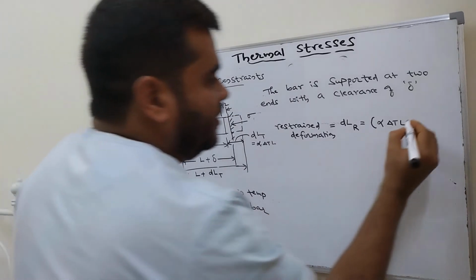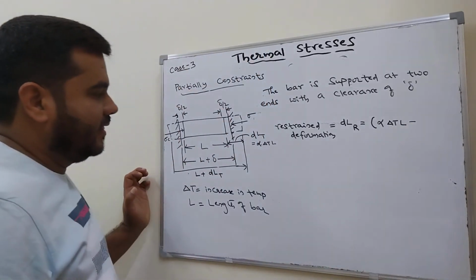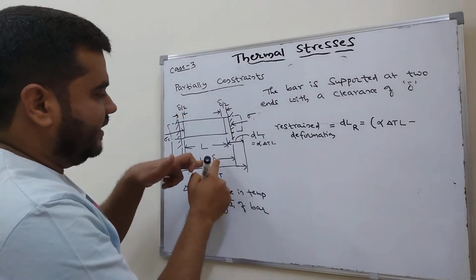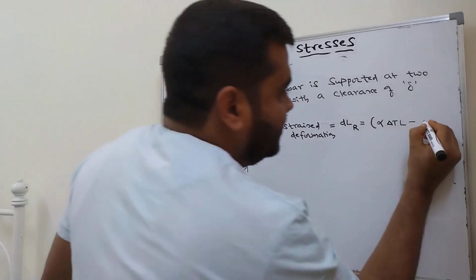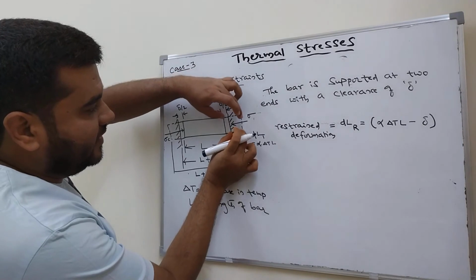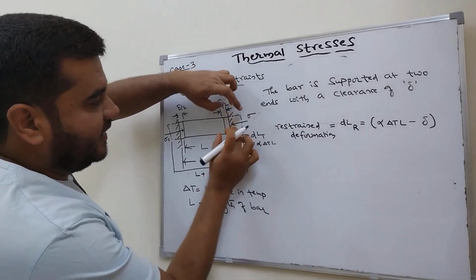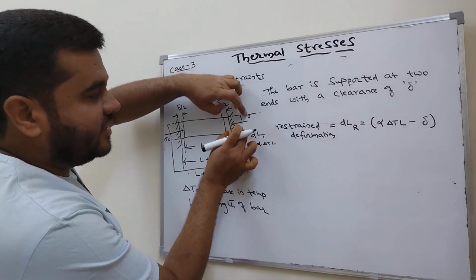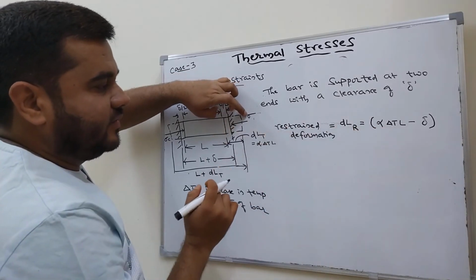Minus delta. This much is the restraint deformation. It is the free expansion minus delta here.